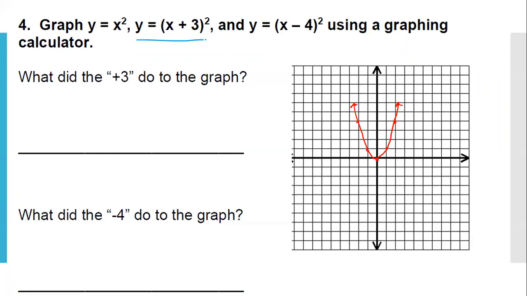So if I have y equals (x plus 3) squared, what do you think that plus 3 is going to do? Is it affecting my x's or is it affecting my y values? It's affecting my x values, right? And so that plus 3 is wanting my x's to do what? It's not wanting it to go to the right 3.